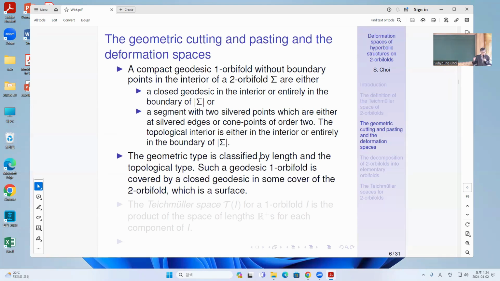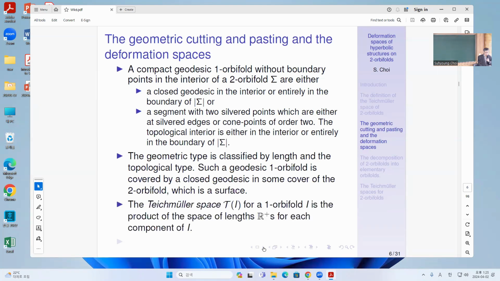If you lift this to a surface cover, then the inverse image cannot have any silvered points, so it should be a compact one-orbifold without any singularity. That should be just a one-manifold, which is a circle. And of course, it cannot be a segment because it doesn't have any non-singular point in the upper space.